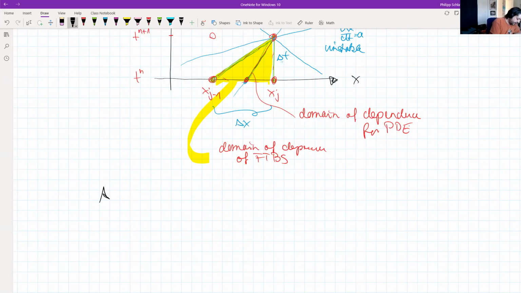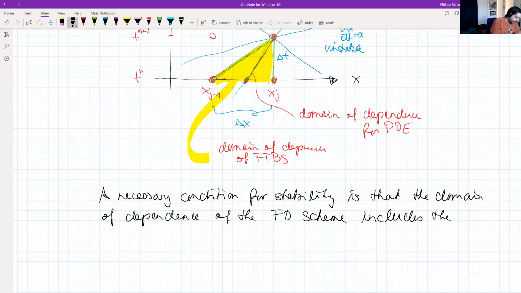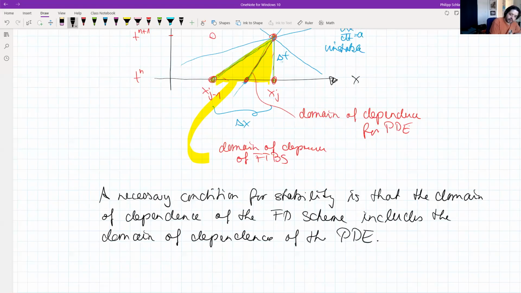It means that a necessary condition for stability for this hyperbolic problem is that the domain of dependence of the finite difference scheme includes the domain of dependence of the partial differential equation.